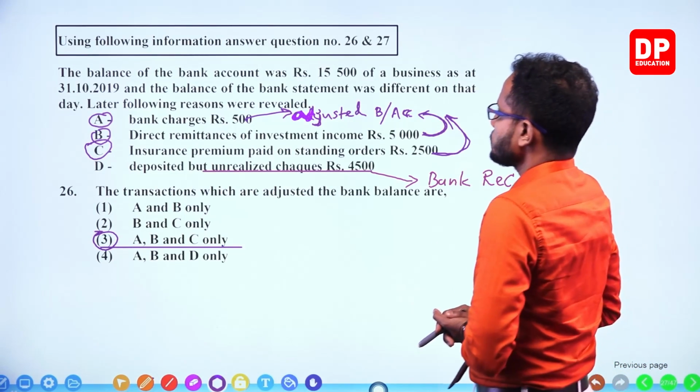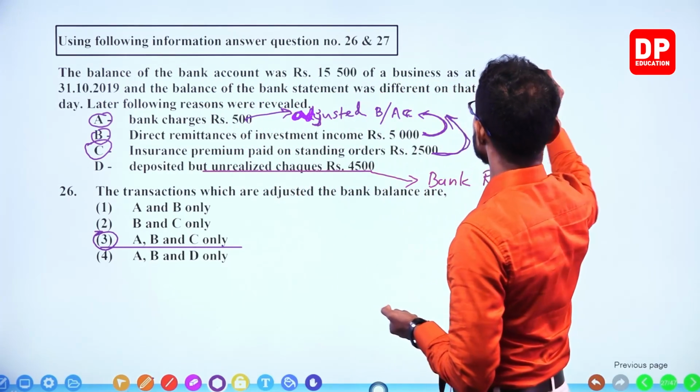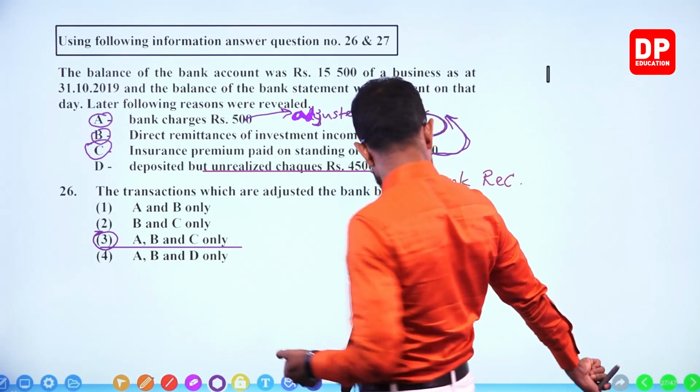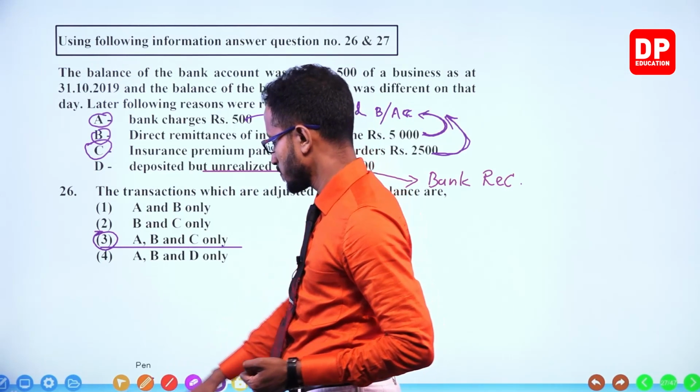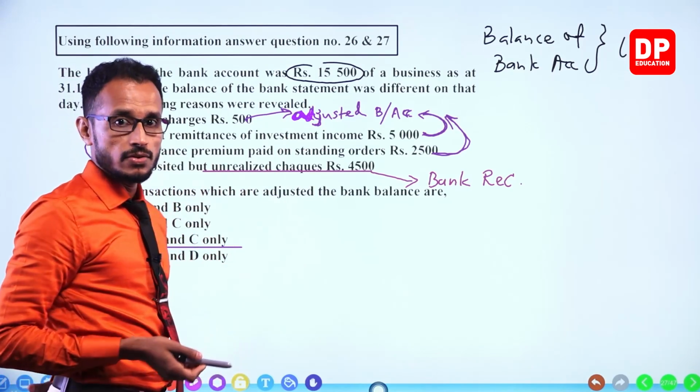Now, when you take the balance of the bank account before adjusting, 15,500, got it? 15,500, right?